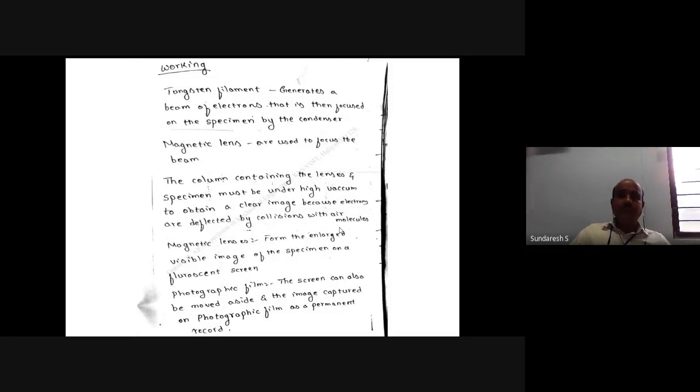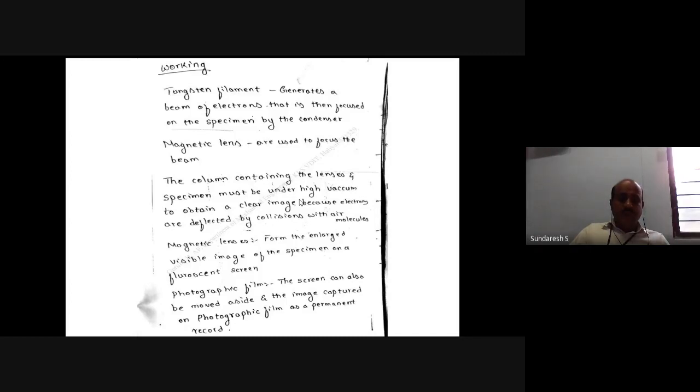A very important thing in the case of a transmission electron microscope is that we need to maintain a high vacuum atmosphere. The purpose of maintaining the high vacuum is to obtain a clear image. How can we get a clear image? Because electrons may get reflected by collision with the air molecules.